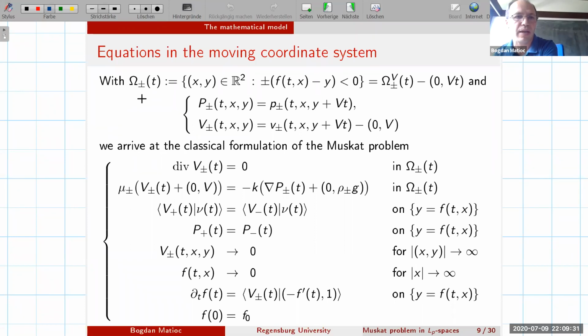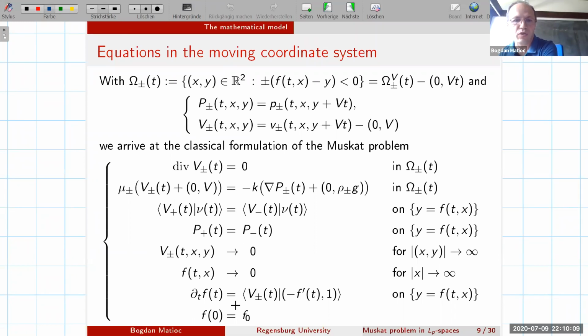So then the fluid domains would be located below or above the graph of f, and it is natural to define a new pressure and a new velocity, capital P and capital V respectively, by these formulas where we subtract on the right-hand side this constant velocity field, meaning that capital V vanishes at infinity. And then we have written the equations I presented above in terms of capital P and capital V.